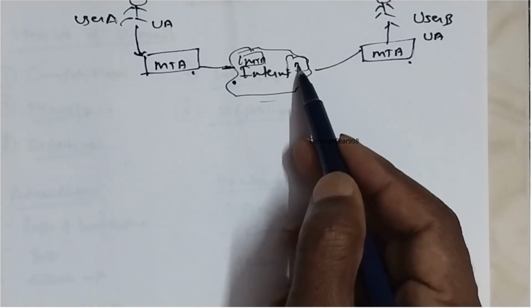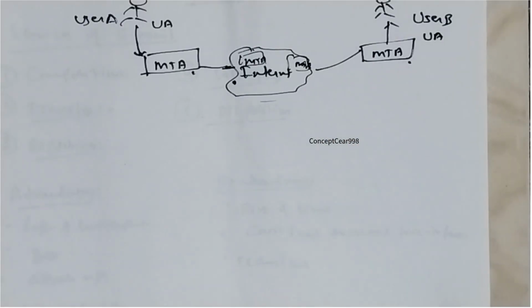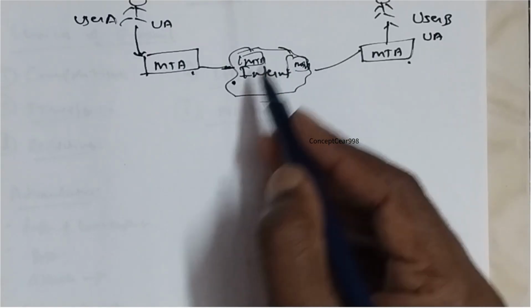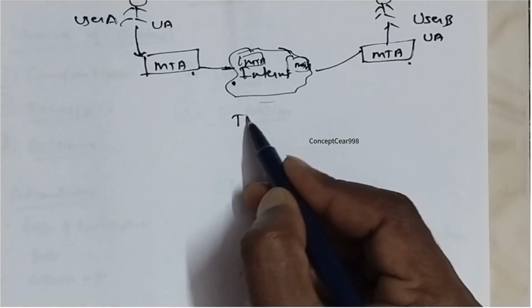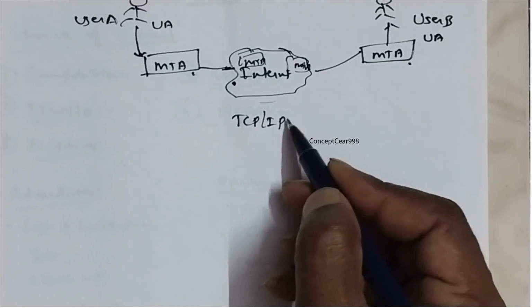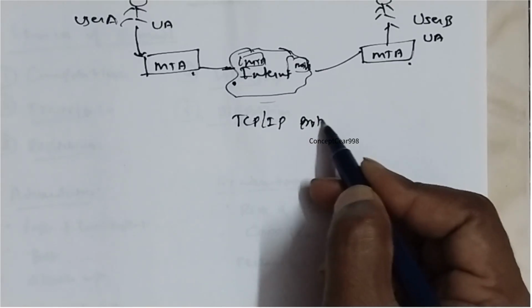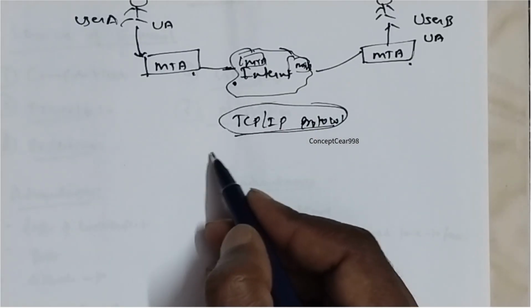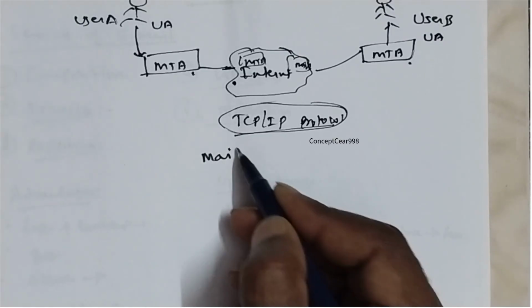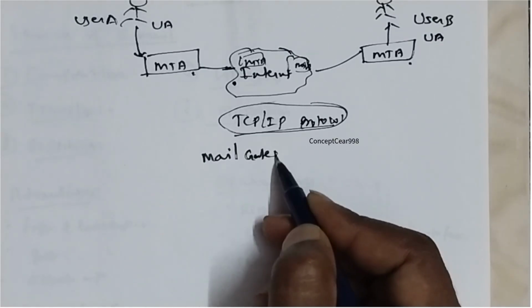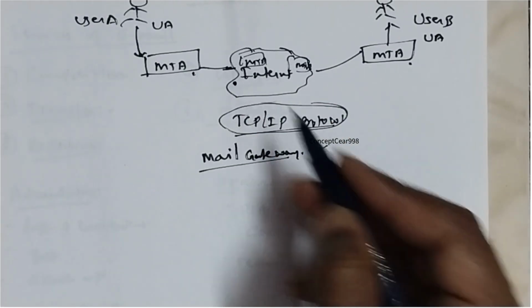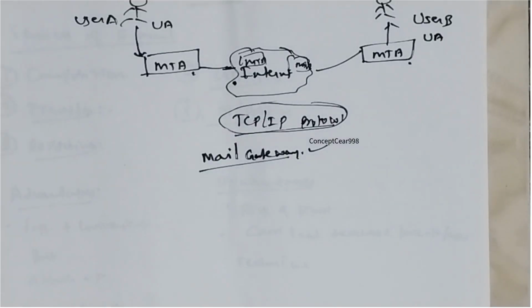Generally the TCP/IP protocol is used to send mails from the sender side to the receiver side. Instead of using the TCP/IP protocol, we can use a mail gateway to provide communication from the sender side to the receiver side. A mail gateway is used in the SMTP protocol.